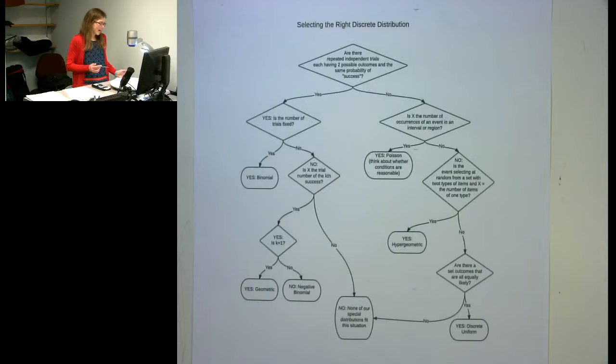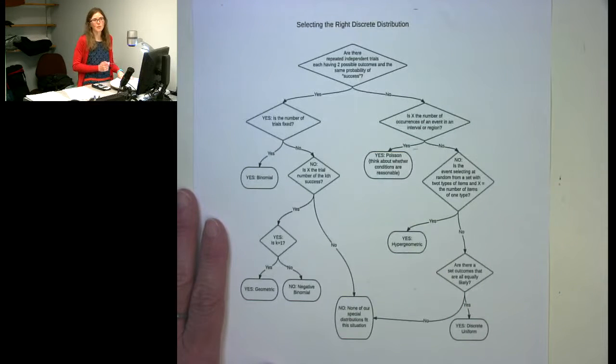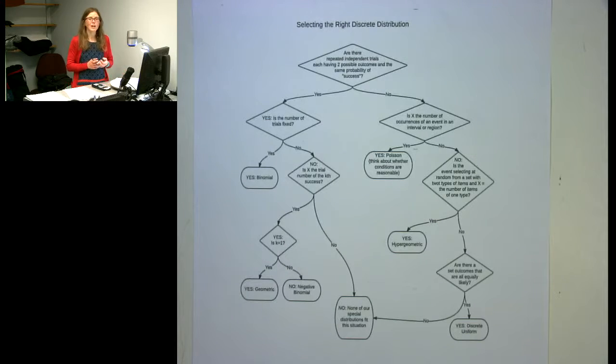So the first thing that I always like to think about when I'm trying to figure out which discrete distribution might be an appropriate model is whether there are independent trials, repeated, in which there are just two possible outcomes for each trial, and the probability of success stays the same for each trial.